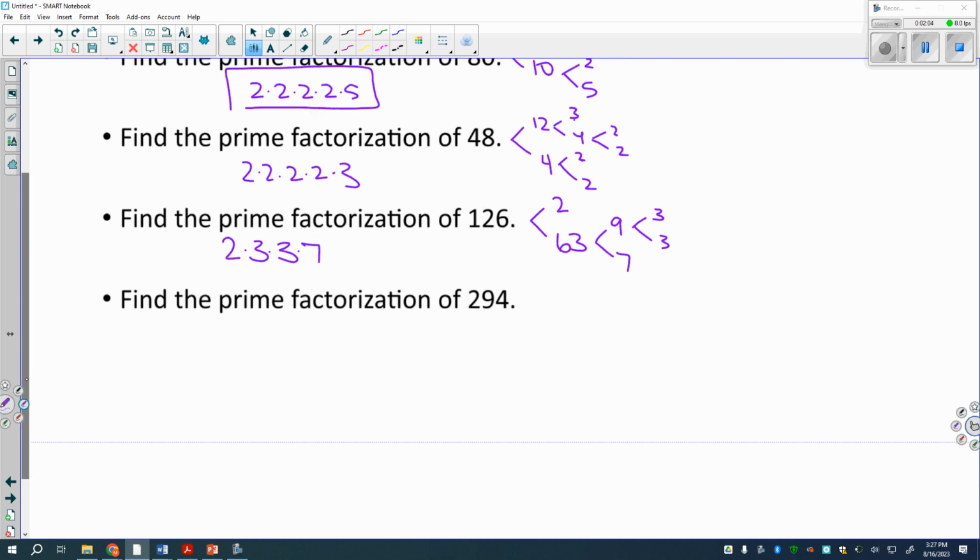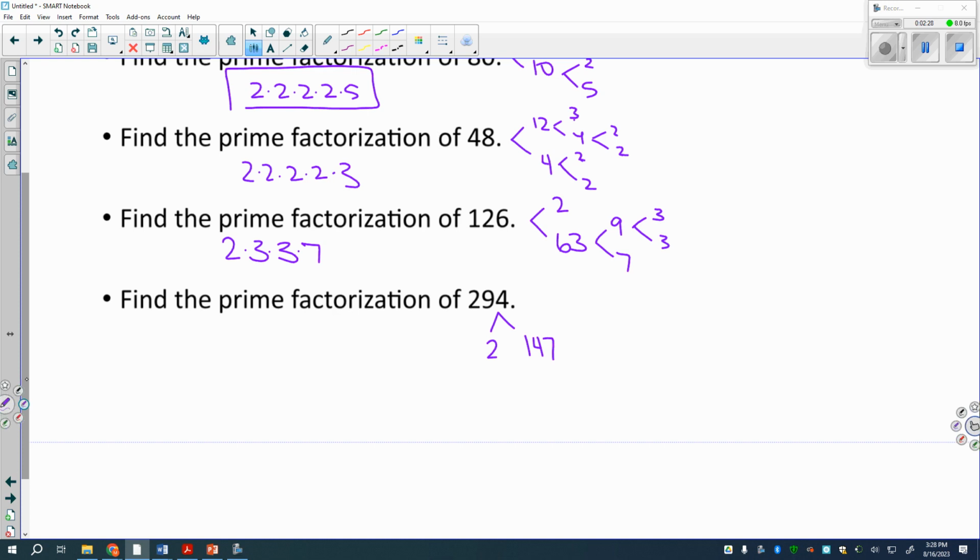294. Again, I don't know a lot here, but I'm going to do 2, and that's going to be 147. Now 147, not super nice, but I'm looking at that.